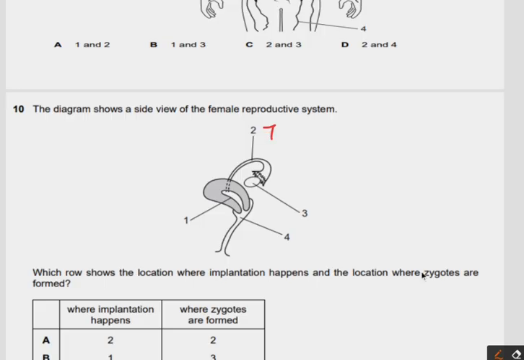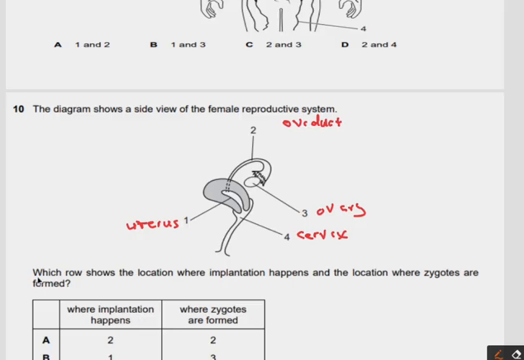So this one here is the fallopian tube or the oviduct, and this one here is the ovary. Then we have this part here, which is called the cervix. So this one is called the cervix, and this one is called the uterus.